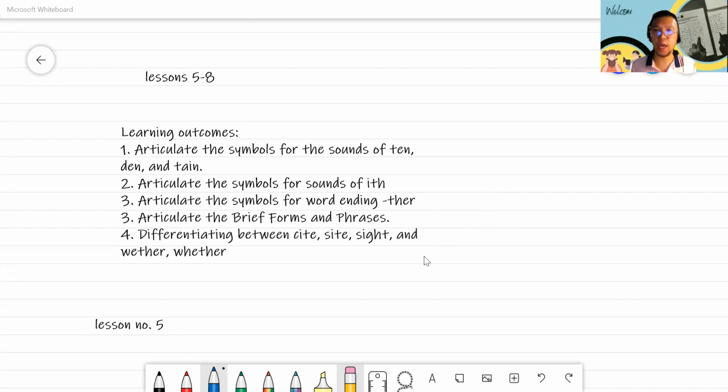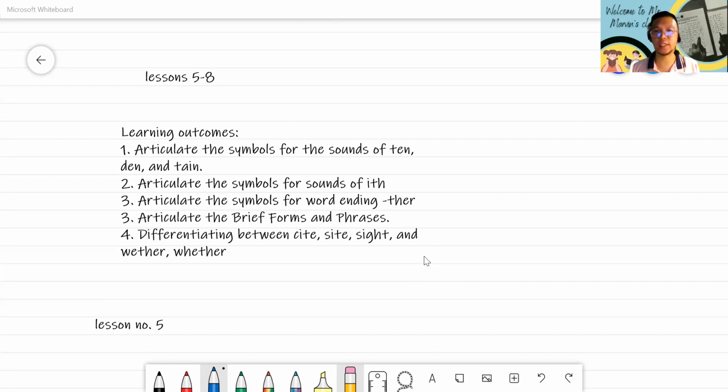As you all know, we have two types of eth, the over and the under eth. Later on, we're going to tackle when we are going to use the under and over eth. Then articulate the symbols for the word ending there, and some of the brief forms and phrases. And of course, we have the so-called similar sounded words. We're going to differentiate them.